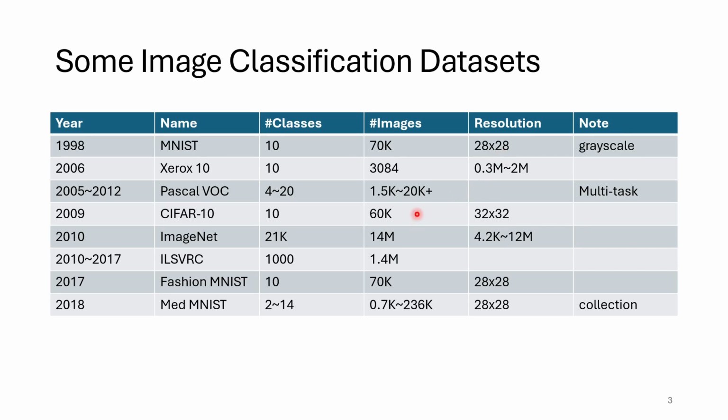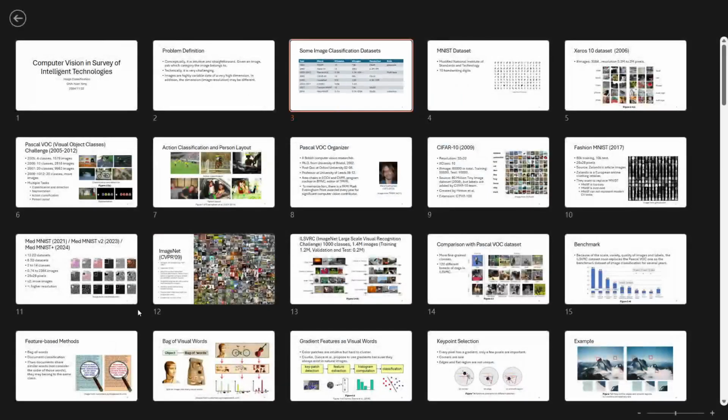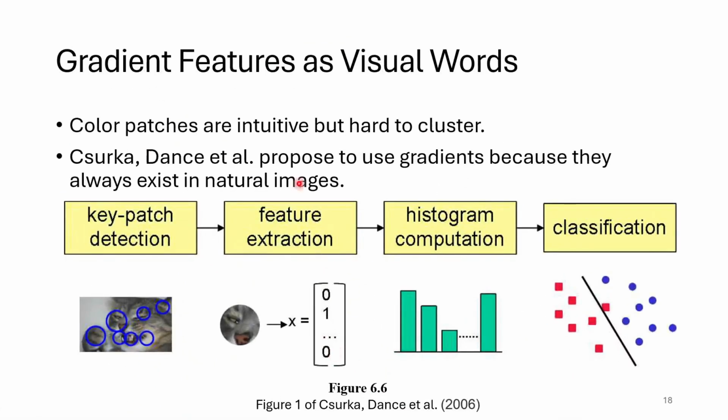Because they are at different scales, how can you fairly extract them? It's very difficult. So they propose to use gradient rather than patches to represent the word.